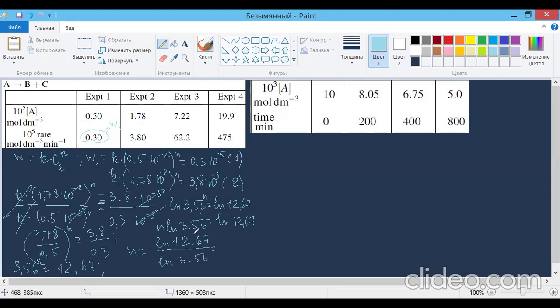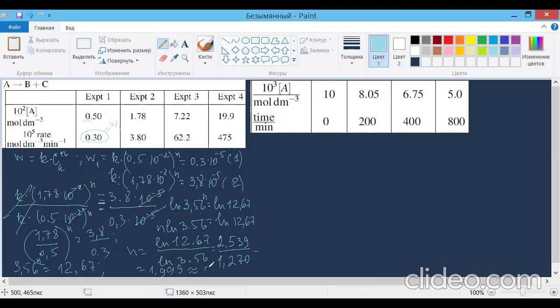And it means 2.54 over 1.270. Okay, and that gives us 1.999.